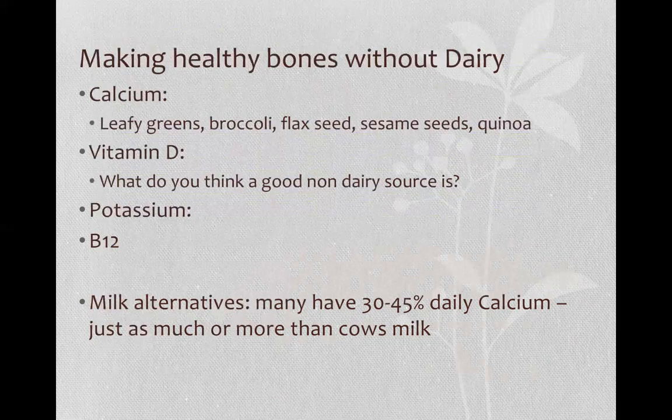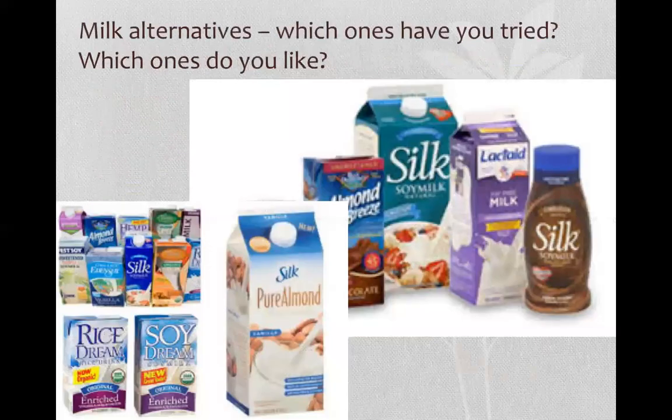Those would all be non-dairy products. Potassium is rich in fruits and veggies. B12 is in fortified foods and nutritional yeast. And milk alternatives, like I've already mentioned, do generally have calcium added, and some of them have vitamin D added as well. These are some examples of dairy alternatives. When you get one, read the label, just make sure it has calcium and vitamin D.